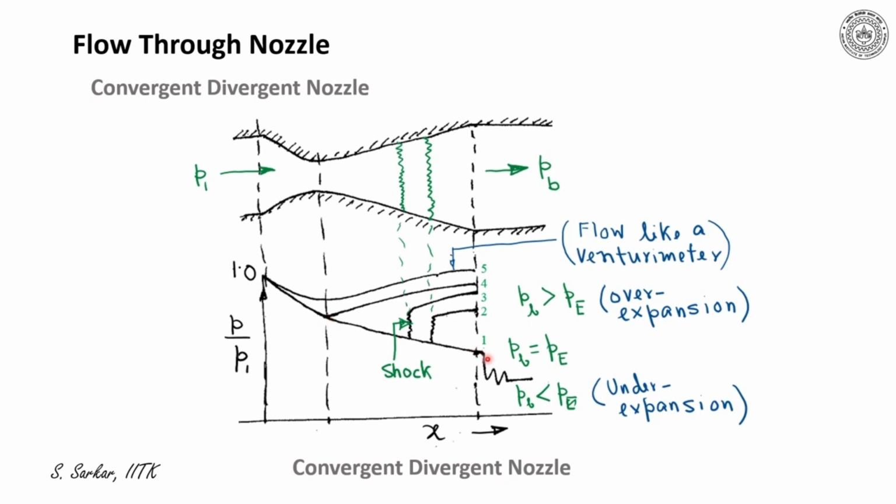The state point at the exit of the nozzle is represented by 1.